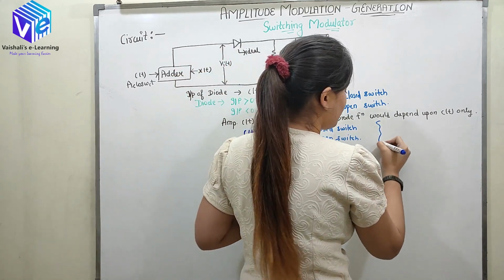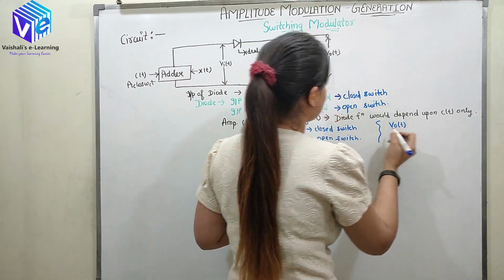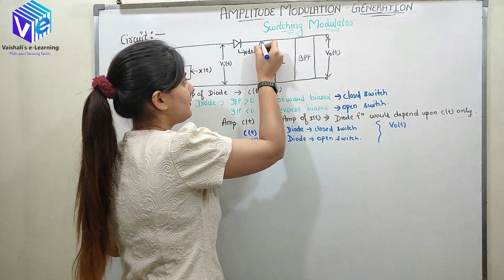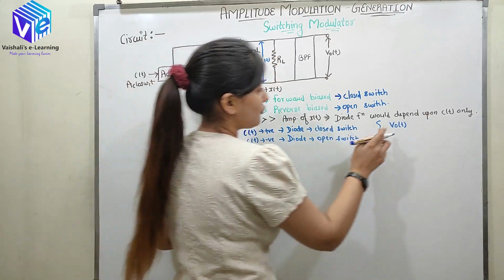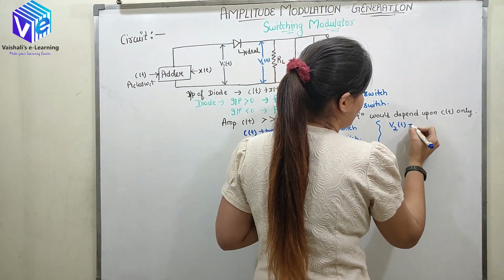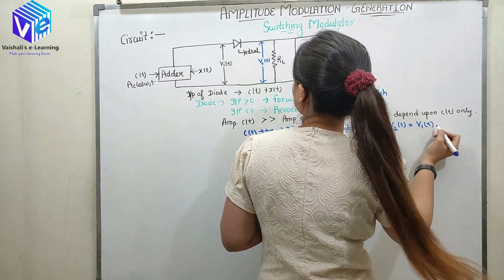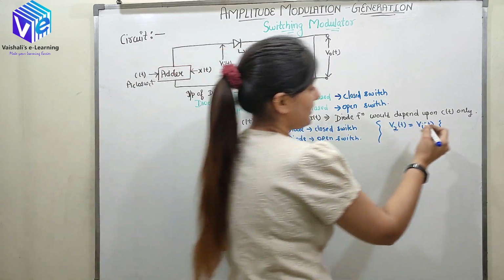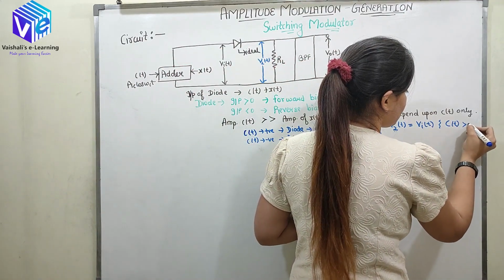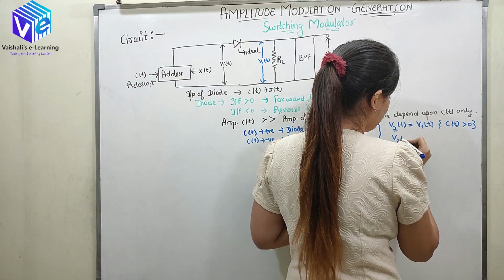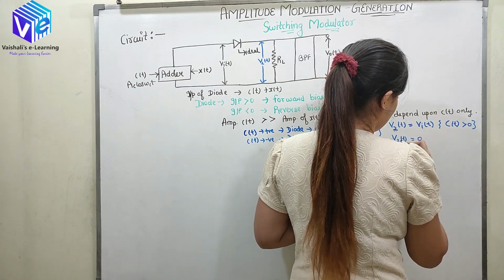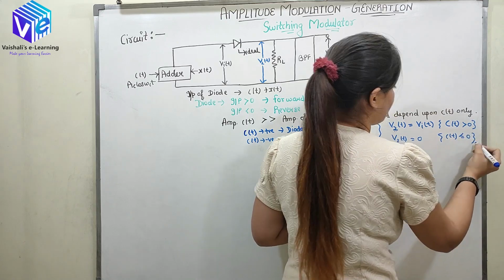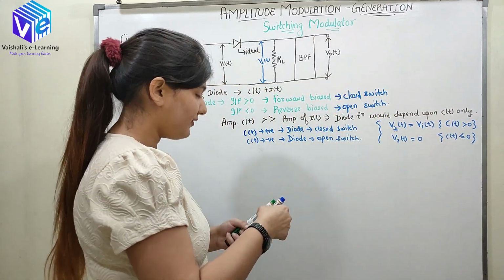So I can say the output voltage, here I am taking v2(t), would be equal to v1(t), the input, when it is a closed switch, when c(t) is greater than 0, and v2(t) is 0 when c(t) is less than or equal to 0. This is the functioning of the diode here.